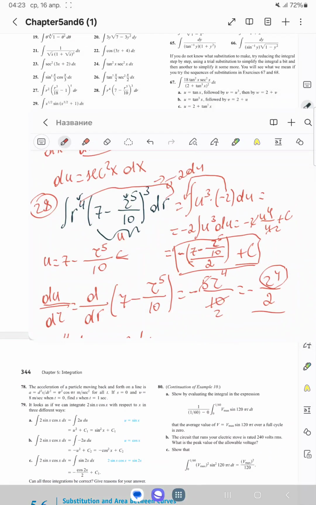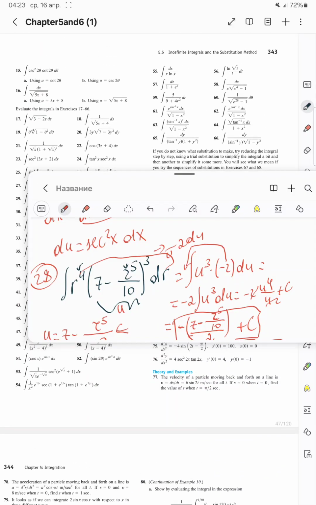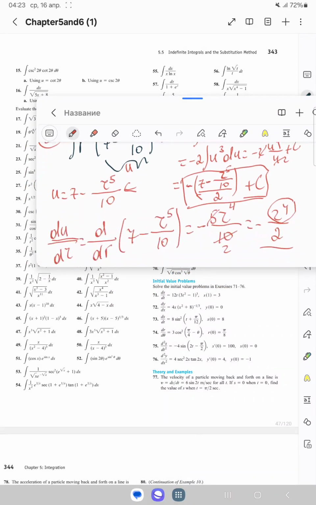Let's look here. Maybe something with ln. Yes. Maybe, I don't know, 60 is easy. But let me do it. Yeah, why not 60?